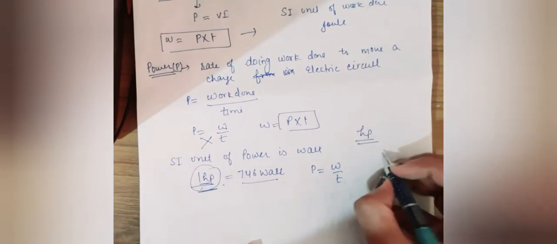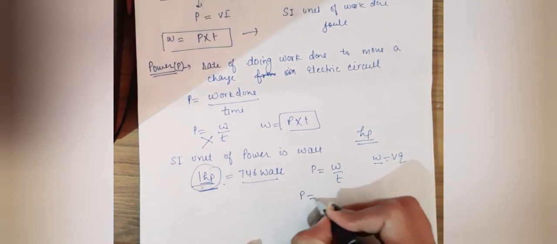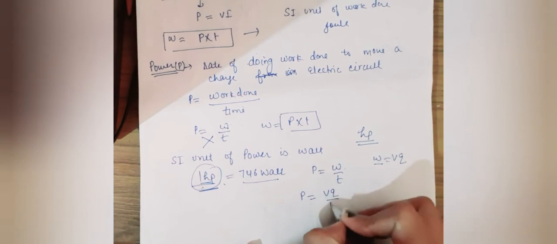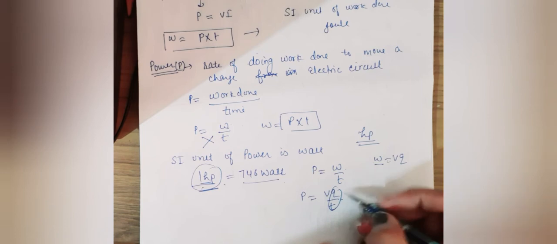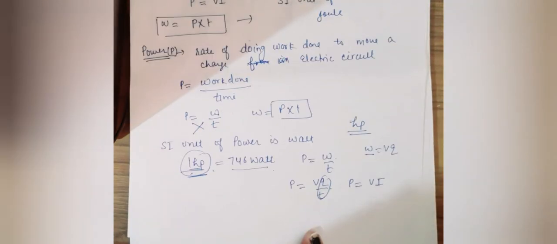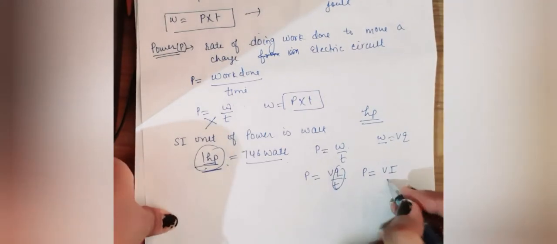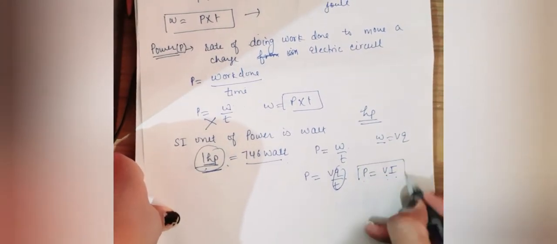We know that work done is equal to VQ. So the value of W is put here. Then P is equal to VQ upon T. Then Q upon T is called current. Then we can write P is equal to VI. So there is another relation between voltage and current, which is also called power.